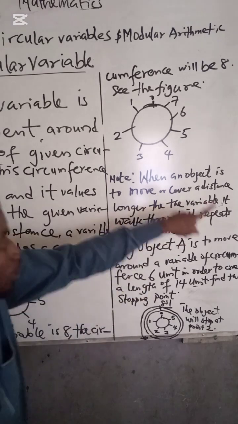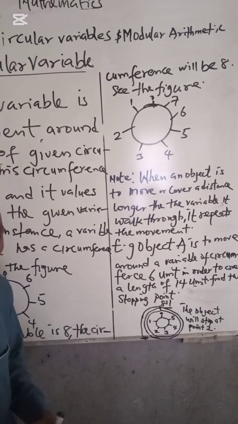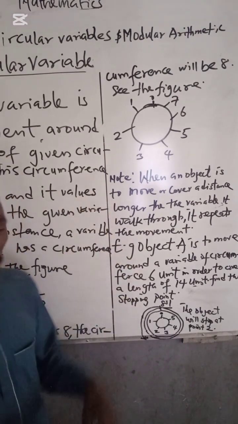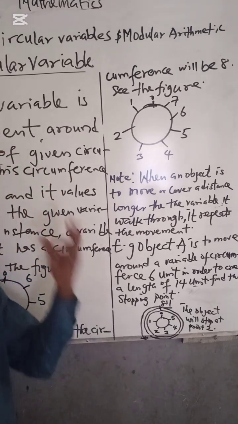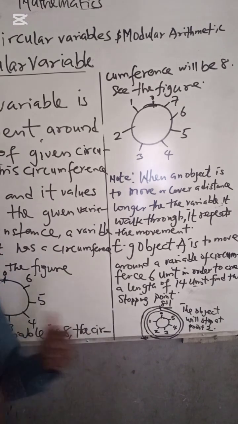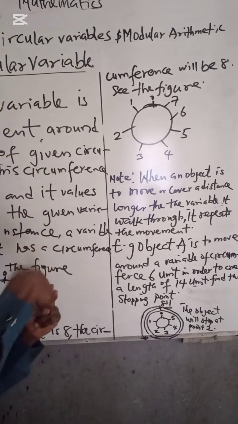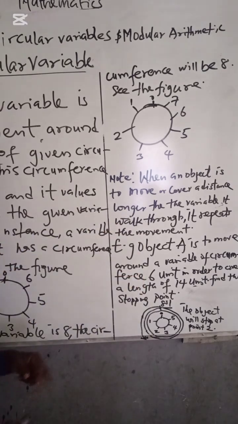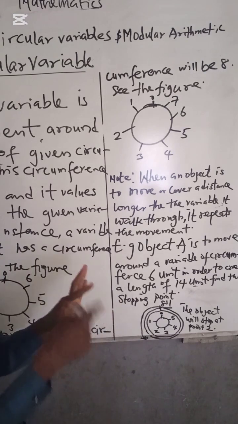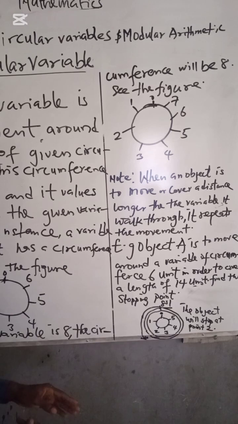When we get to Saturday, we repeat and start all over again from Sunday. Likewise, months of the year: you start from January, February, you get to December. We've covered the entire circumference of the variable year, so after December you start all over again from January.